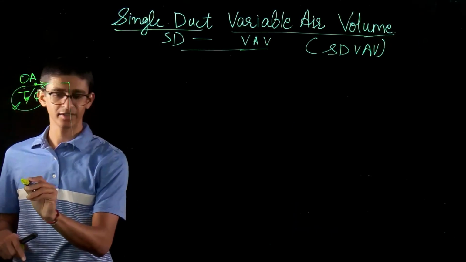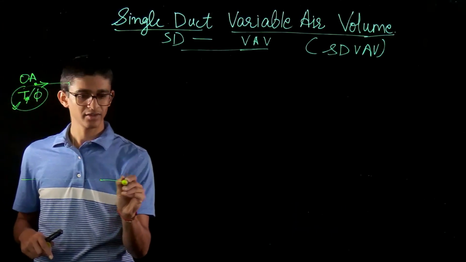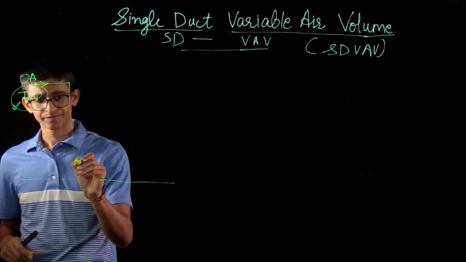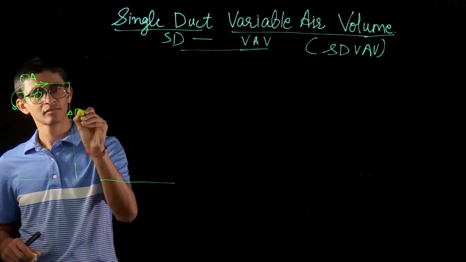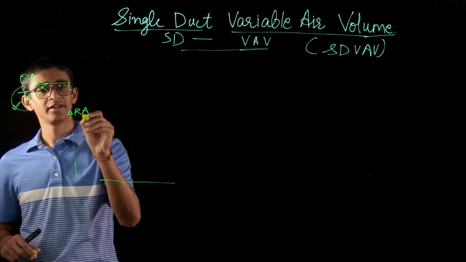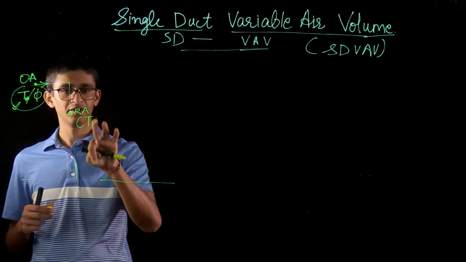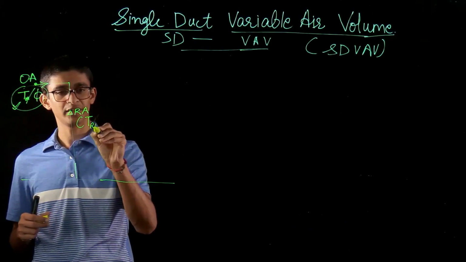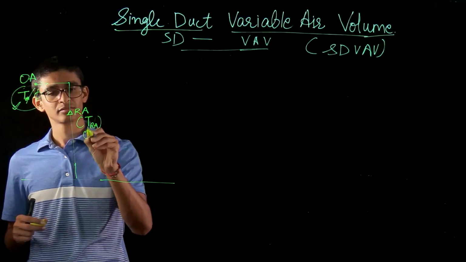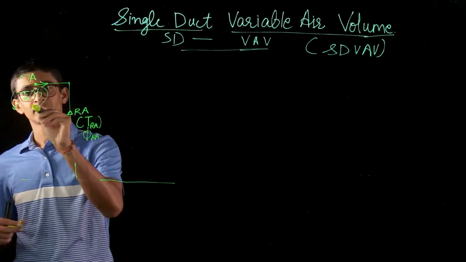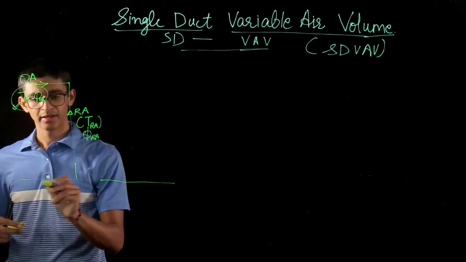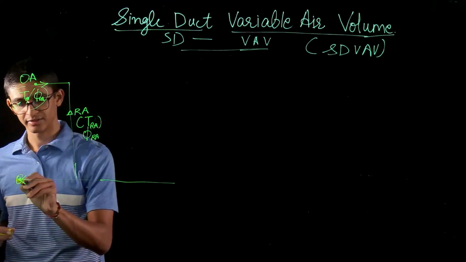Then we have some return air which is coming. RA means the return air, whose temperature and relative humidity will not be known. So this is the temperature of return air. And there is some exhaust air.